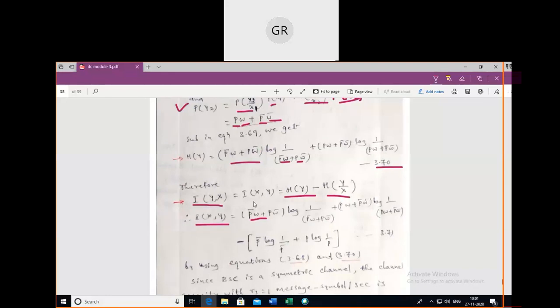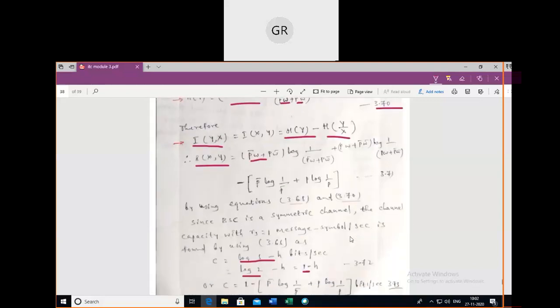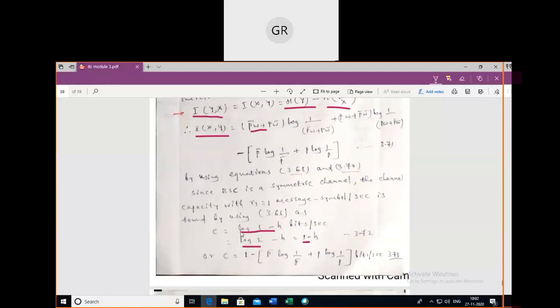This is I of XY. I of XY is equal to this one. Then we know that the channel capacity is equal to log of s minus H. Why is it log of s minus H? We already discussed the uniform channel, symmetric channel.